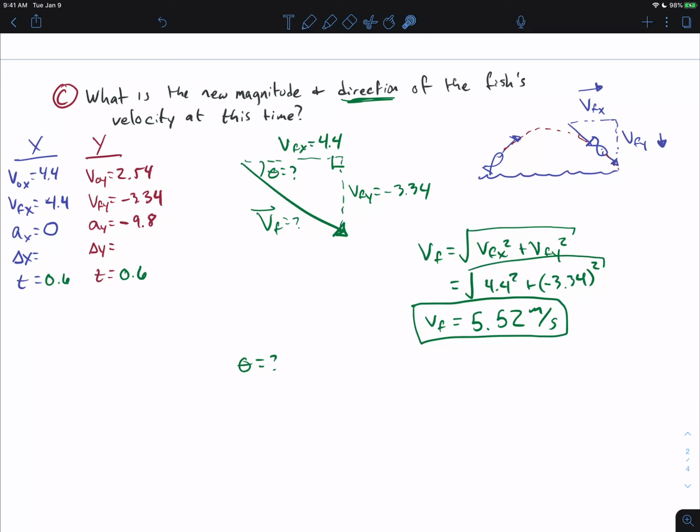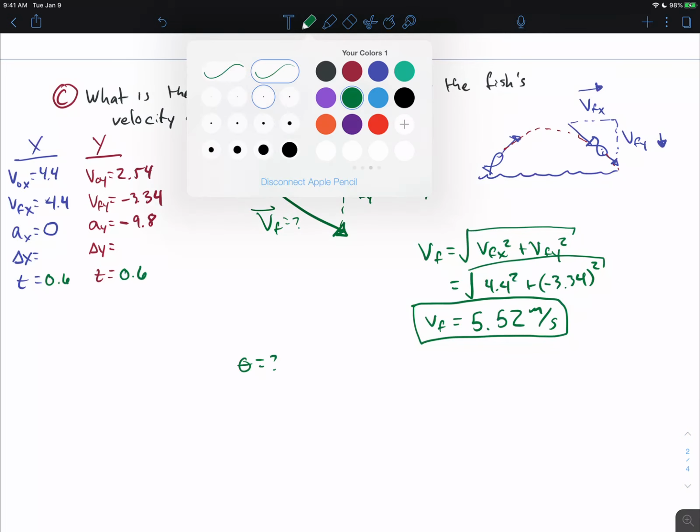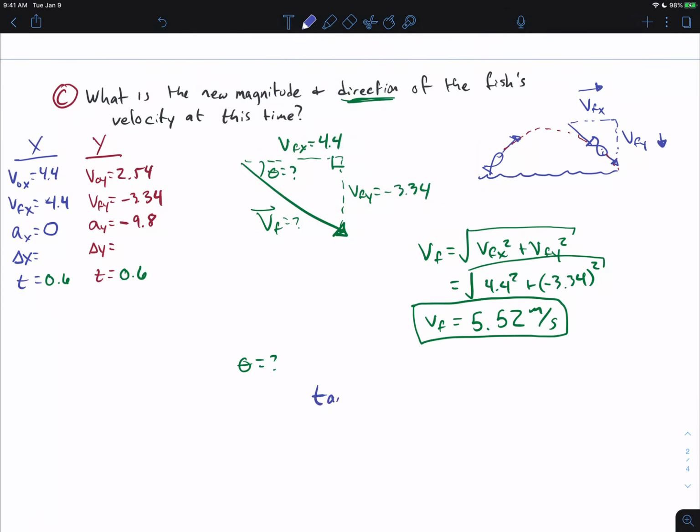remember, now I know all three sides of my triangle. I know my horizontal, my vertical, and my hypotenuse part of my triangle, so I can use any formula that I want in terms of trigonometry to find this angle. But I always like to use my trusty tangent theta is VFY over VFX, opposite over adjacent, which is equal to negative 3.34 over 4.4.